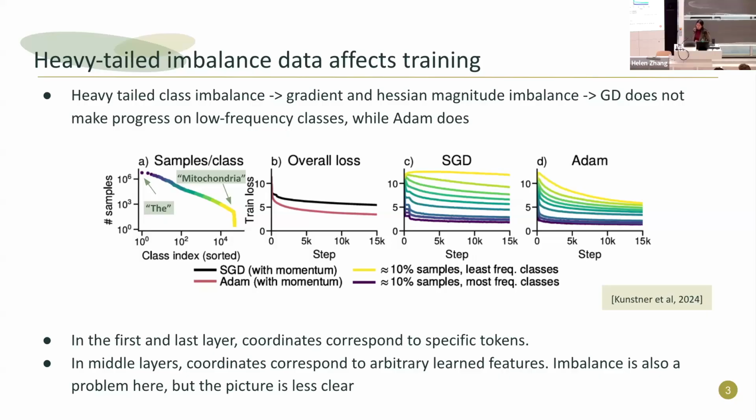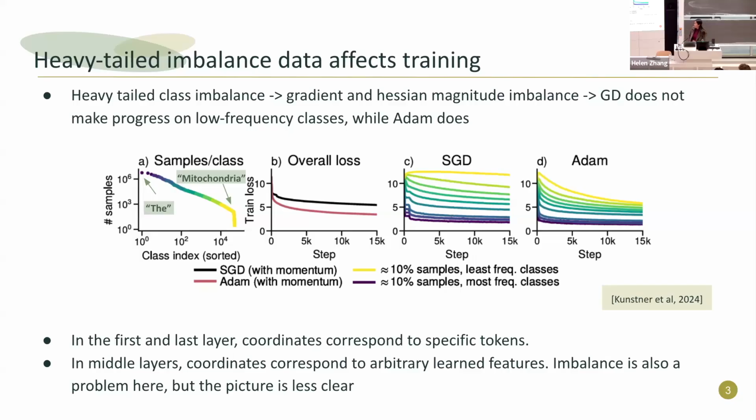So this kind of makes sense because in the first and last layer, the coordinates correspond specifically to specific tokens. And so if you have imbalance in the class distribution, then the first layer or the last layer, whose coordinates correspond to the next word, would suffer from this problem. And Adam is able to make progress here.